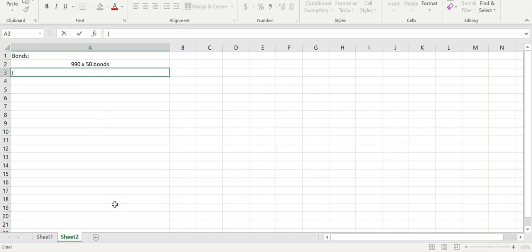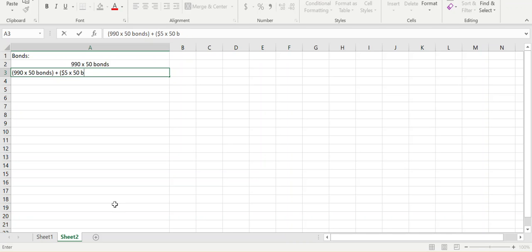Our denominator is going to look at the whole. So again, $990 is what each $1,000 bond is selling for, excluding the rights, and we have 50 $1,000 bonds. Plus, we have to look at the warrants standing alone. Each warrant, they said by itself, is worth $5.